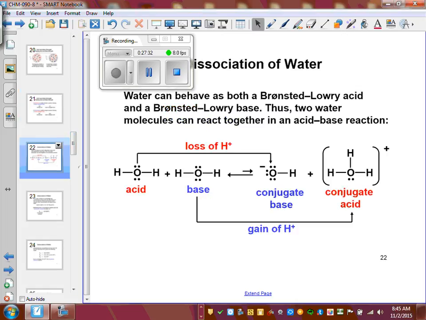So here, water can actually react with itself. This can act as either an acid or a base. And we can get H3O plus and OH minus. This is called the autodissociation of water.